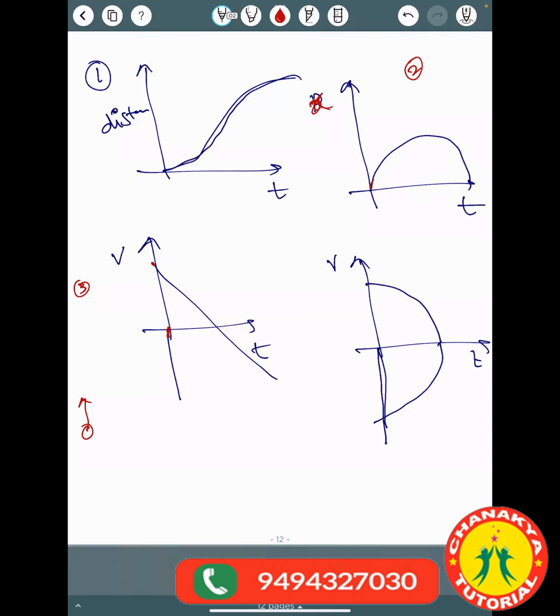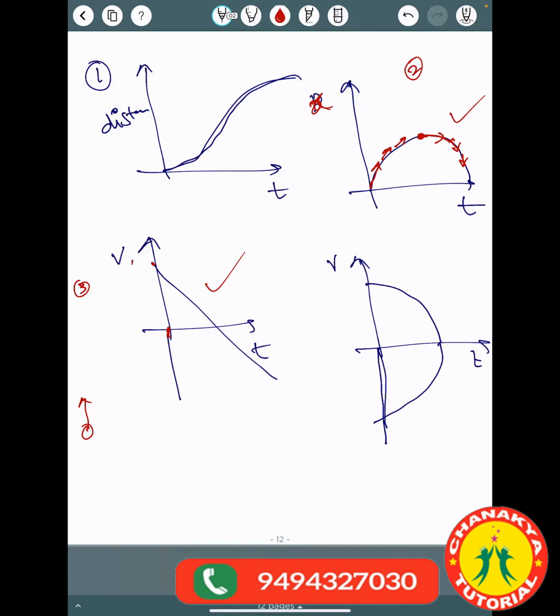So here what is happening to the slope? Positive. That means the velocity is positive, then the velocity becomes 0. Then again the slope is negative, that means the velocity is again increasing but in negative direction. So this and this are representing same. You understood my concept? Yes, sir.